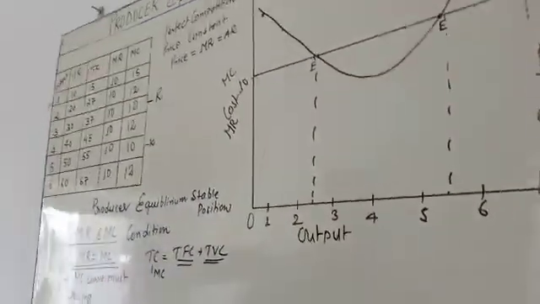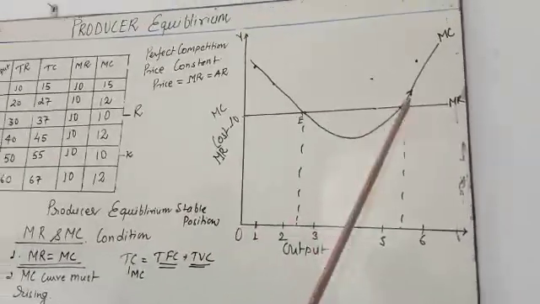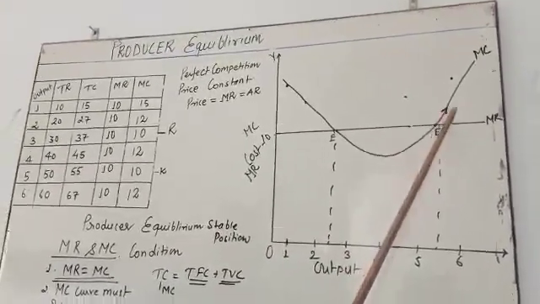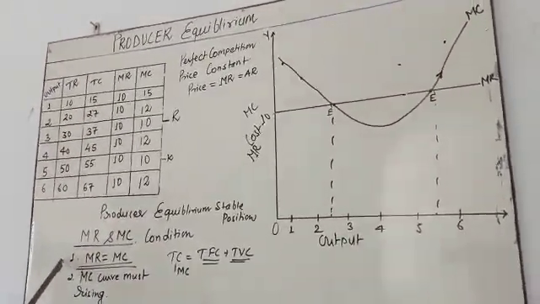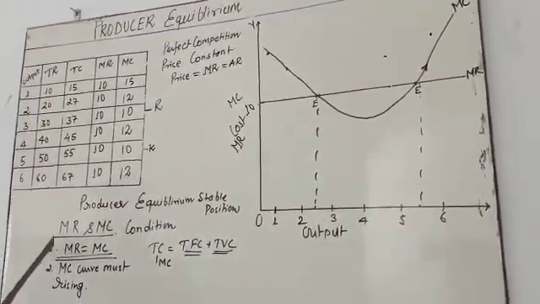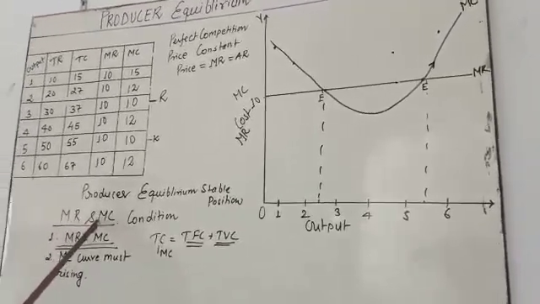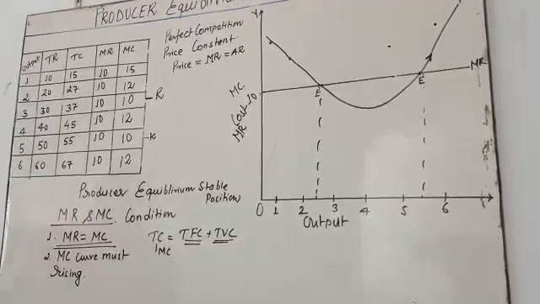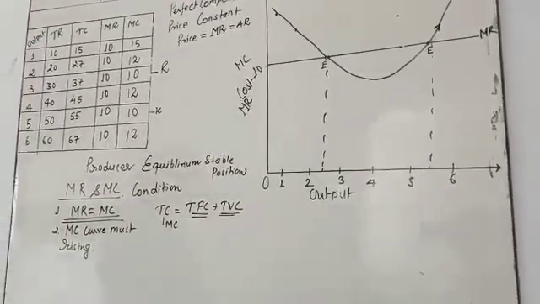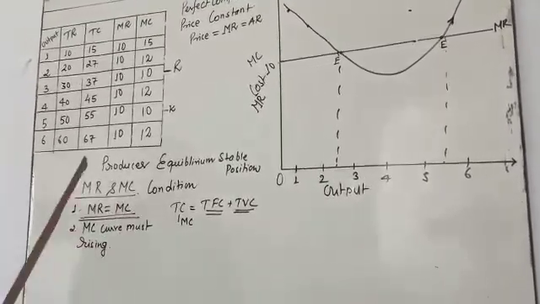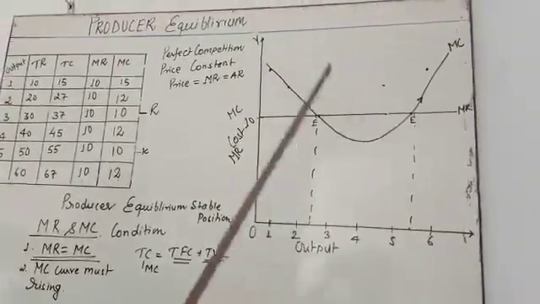You observe that this is the situation where the marginal cost curve rises. So follow this when we use the marginal revenue and marginal cost condition. There are two requirements: first, marginal revenue is equal to marginal cost, and second, the marginal cost curve must be rising.